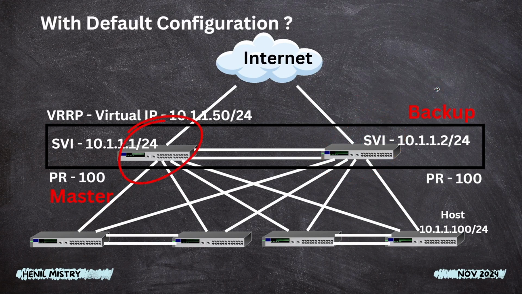Now with the default configuration, both devices will have priority 100. If both devices have the same priority, then out of all the nodes, whichever node has the least IP, in this case 10.1.1.1, this device will be selected as master, and this device will be selected as backup.